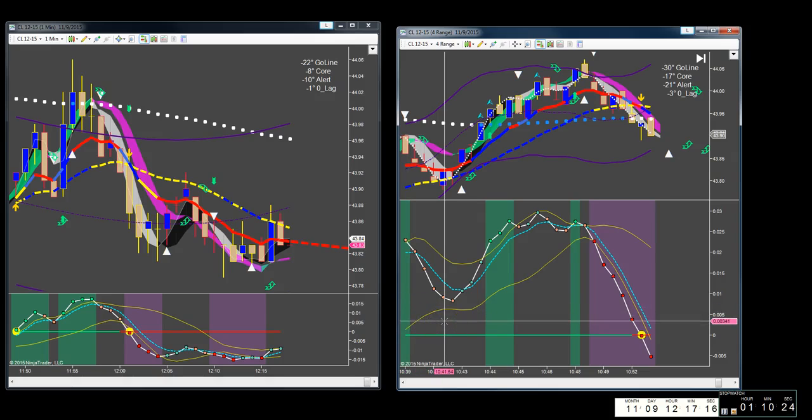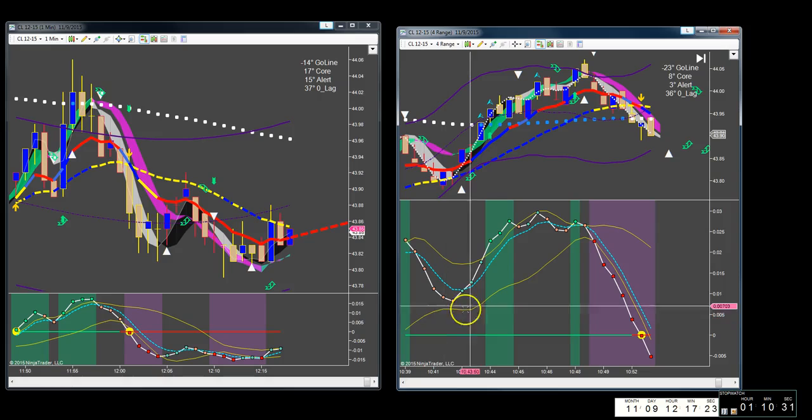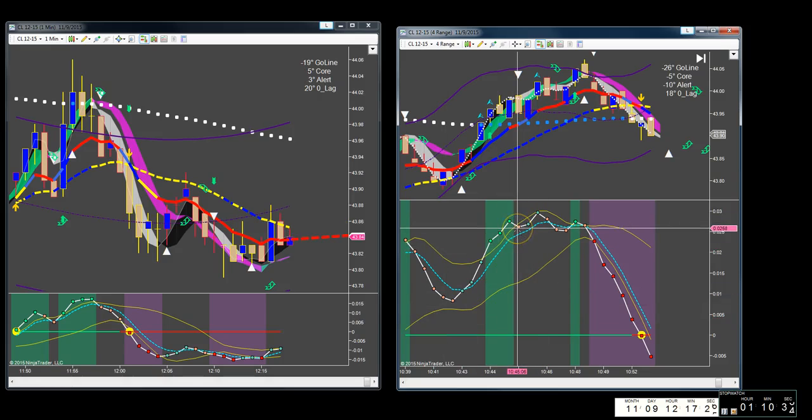Got it. Okay. What are the yellow dots that appear on that one? On the MACD indicator. They're neutral.